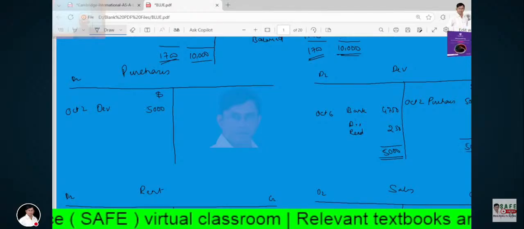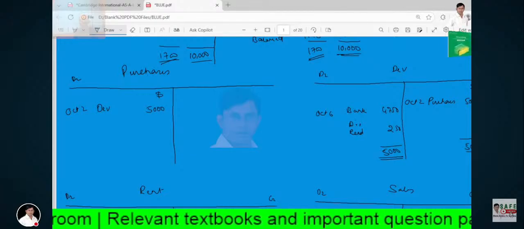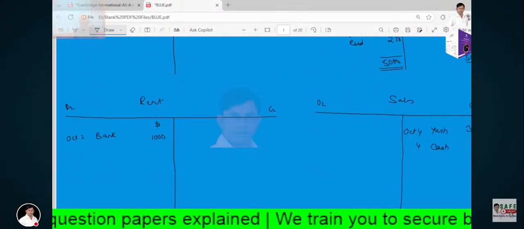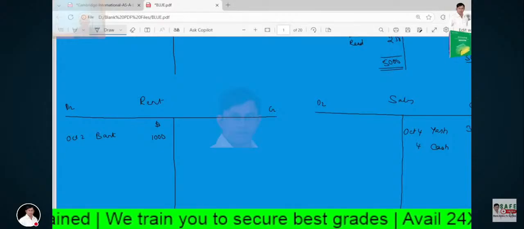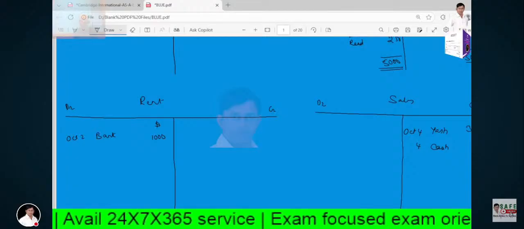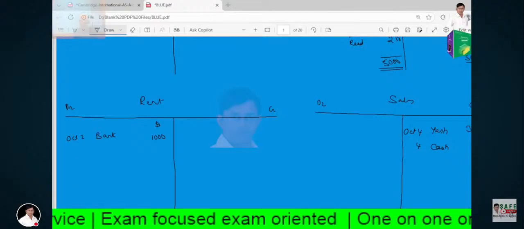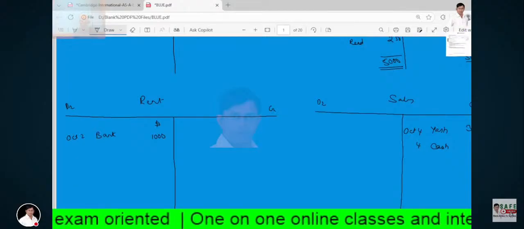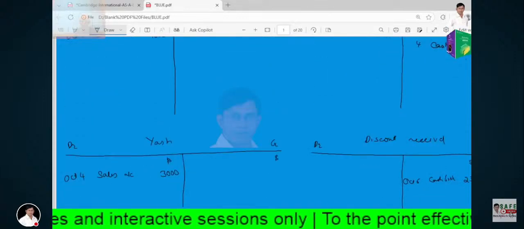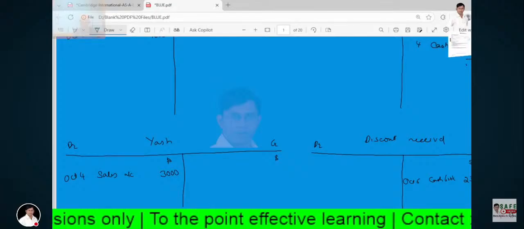Rent account: this will go straight to the trial balance. You have to write this as it is. Sales 3,700: this will go to the sales account, directly to the trial balance. If you want, you can just write that total.